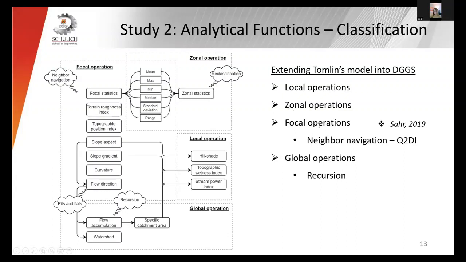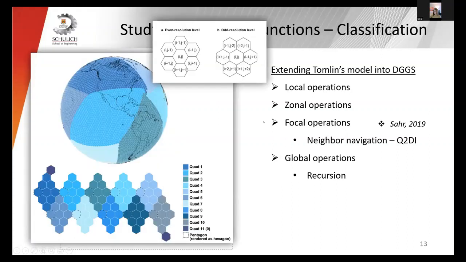The focal operations are the computations based on a neighborhood of a cell, where neighbor navigation is necessary for any focal operation. So for our study, we took advantage of the QTDR indexing that has been implemented in the Discrete library.